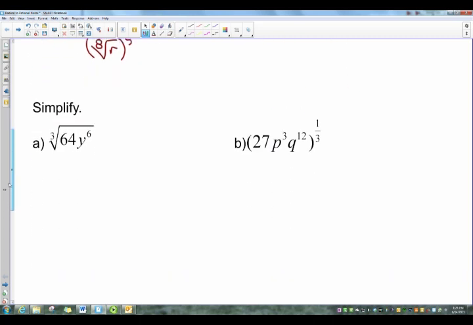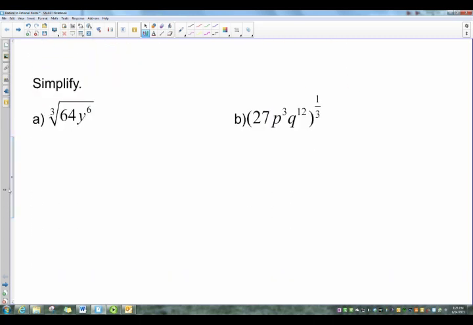Now the last part of this is actually simplifying. So when I simplify this, I've got the cube root of 64y to the 6th. Okay? Now what I want to do is take this entire thing, so here's my base, and I'm going to raise this to some power. Now if you think about it, here's my 3, that's my denominator. My numerator, I could think of it as what's being raised here.